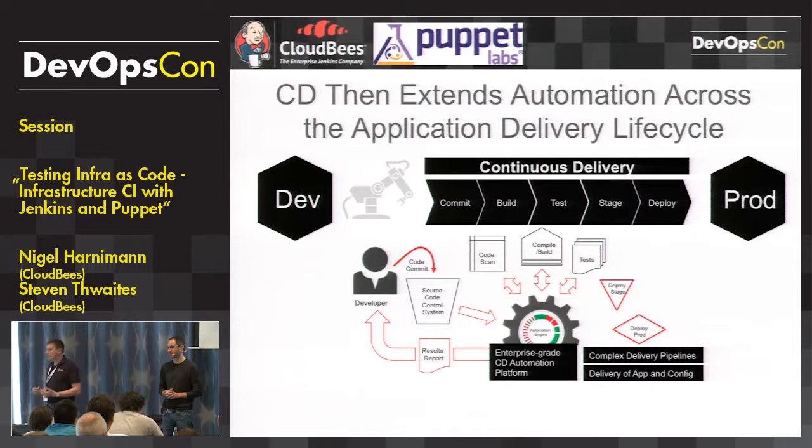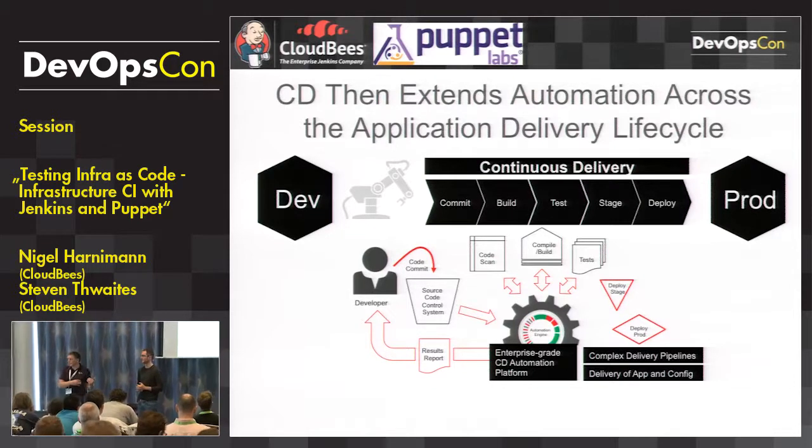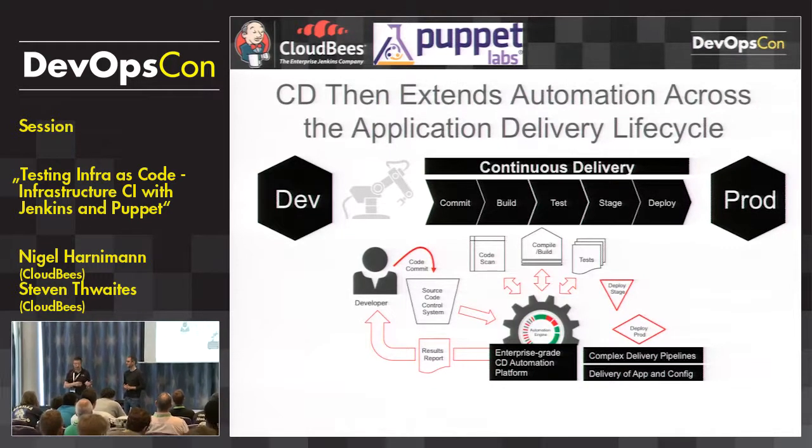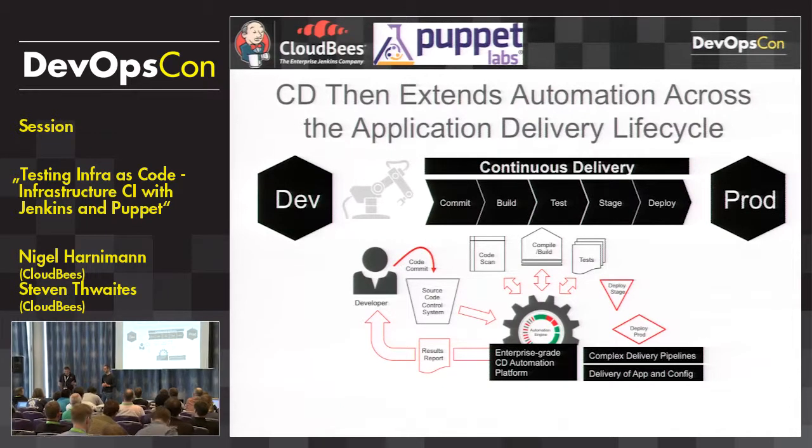It could be vulnerability, security scans. It could be whatever in your organization makes sense. And ultimately, you'll probably deploy it onto a staging platform, which is your last chance to make sure that it works with all your monitoring tools and things like that. Personally, I would still bring those tools earlier in the life cycle, fail early, fail fast. But sometimes staging still sits there for a reason.